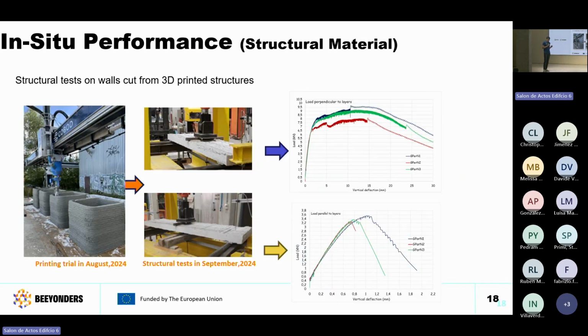Once done on the material, we also wanted to check the structural factor. If we are printing more layers, if we test on a bigger element, the printing defects may come into account, so we tested different panels cut from the 3D printed structure. The result is presented in this slide.